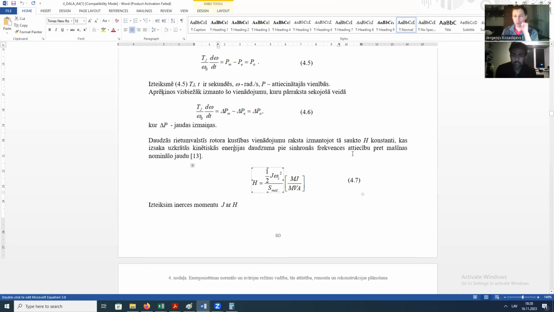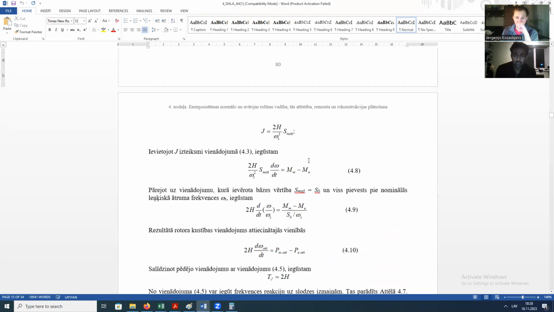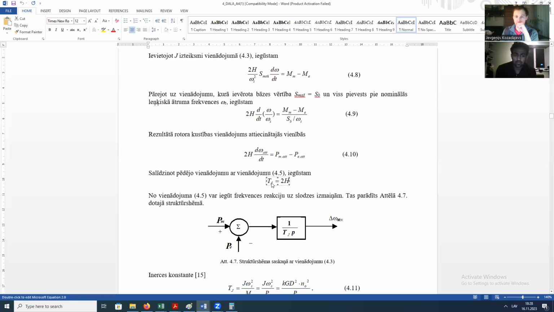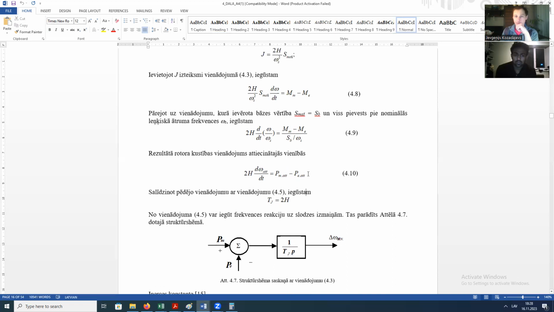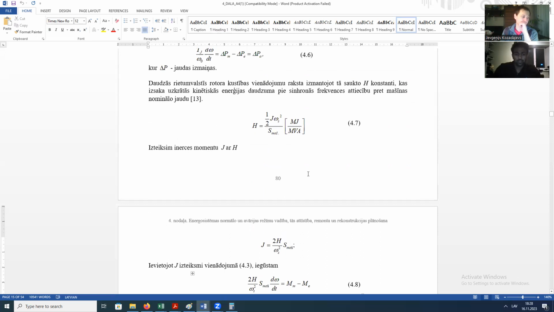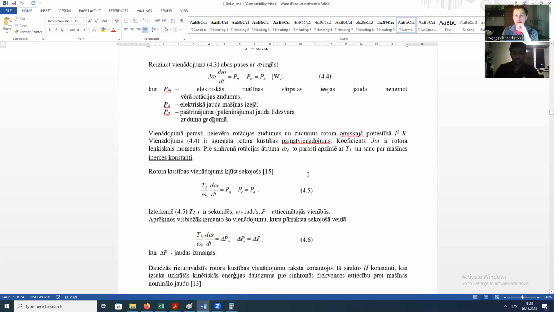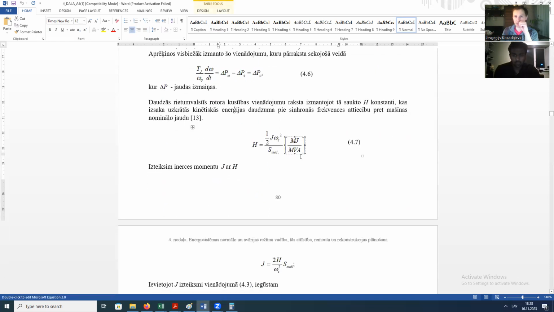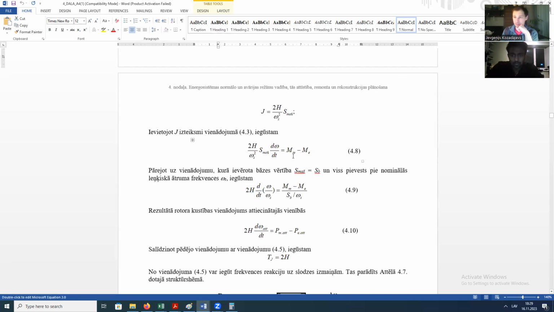We call inertia H, or we call inertia using the letter T. It depends on the country, it depends on the author, because we could represent inertia in two units. The first one, as it is here, is megajoules divided by megavolt amperes, and we could also represent inertia in seconds.